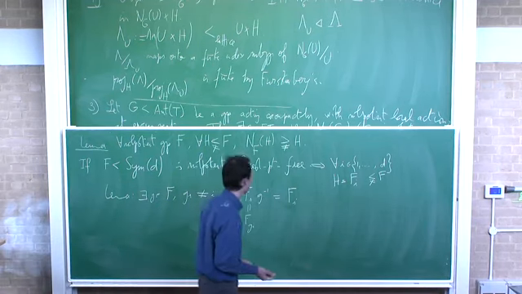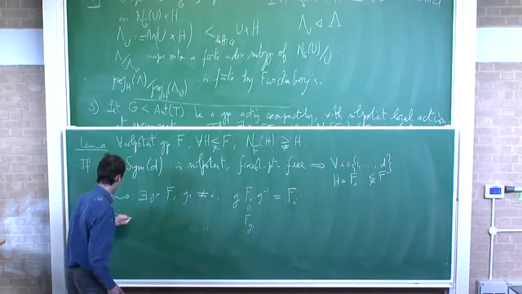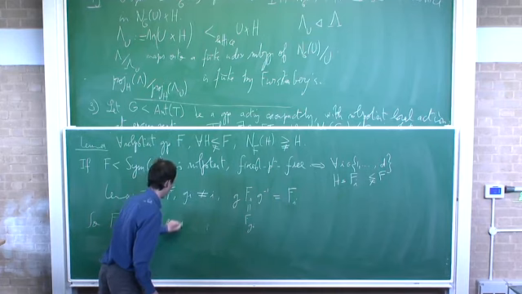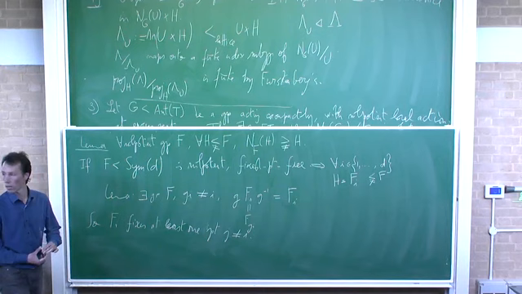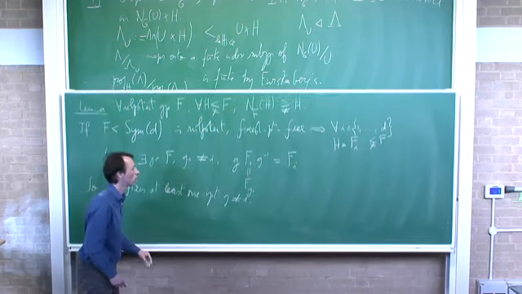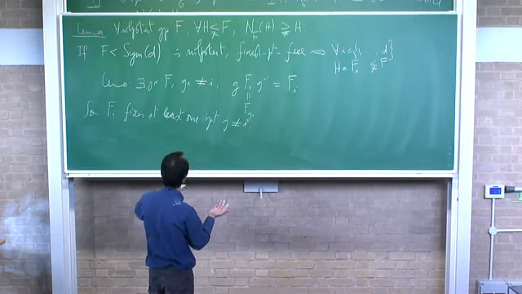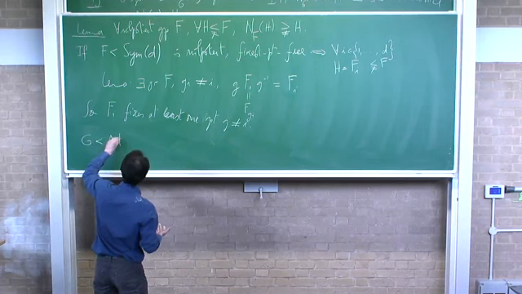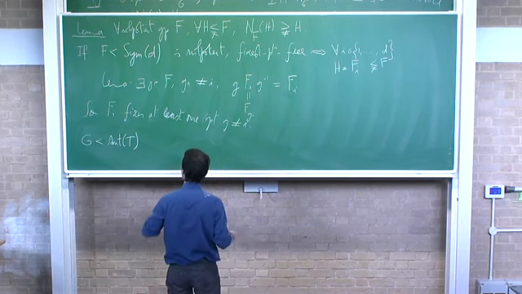So F_i fixes at least one other point j. And that's essentially all we need. Now we consider G acting on the tree T with the action co-compact and locally nilpotent fixed point free.